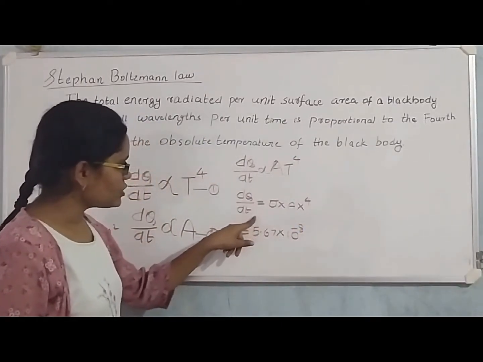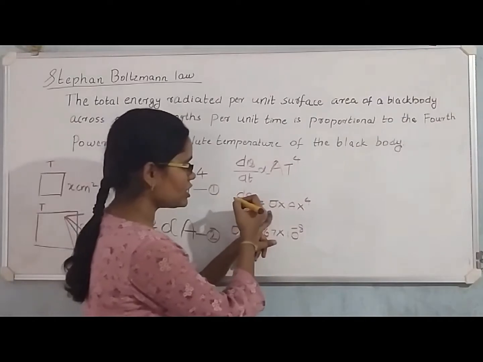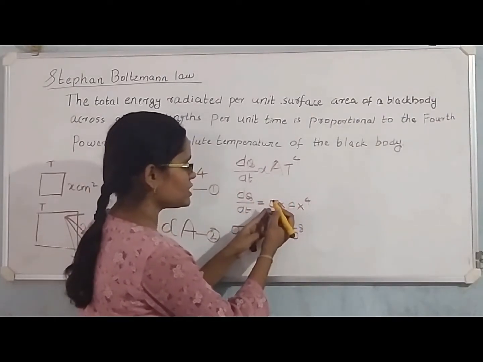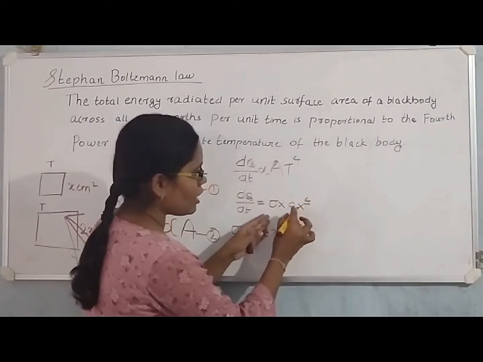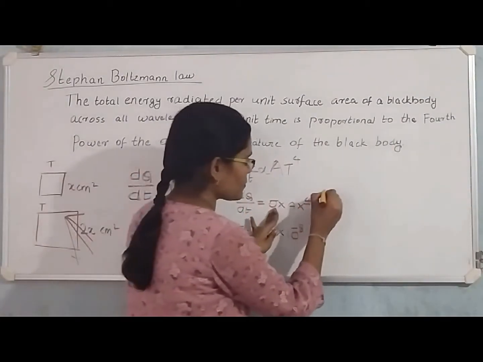So what can be its units? Let me keep sigma on the left side and take A and T to the other side.